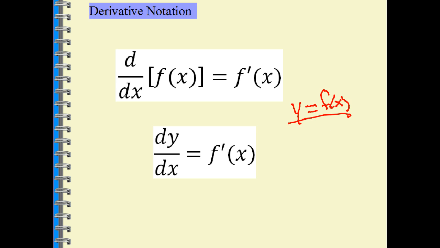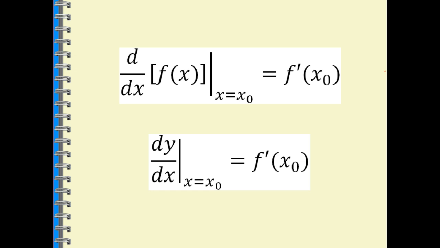Another way we could write this is if we want to evaluate at a specific point. We're going to have the same D notation, except with a vertical line and x equal to x0, or x equal to 3, or x equal to 7, or whatever number you want. It just means evaluate your derivative at that x value.